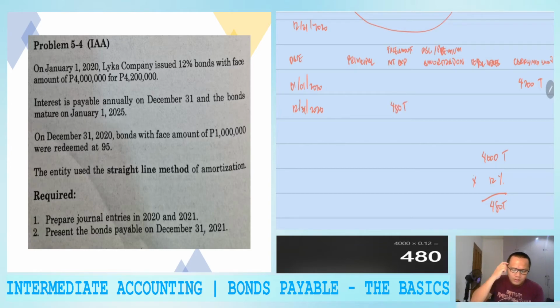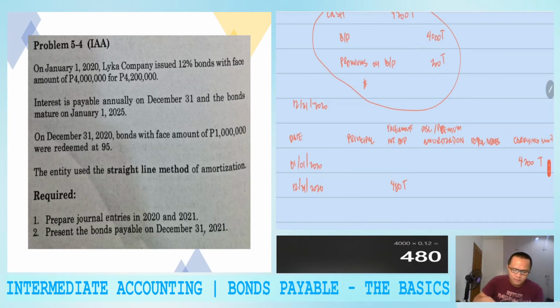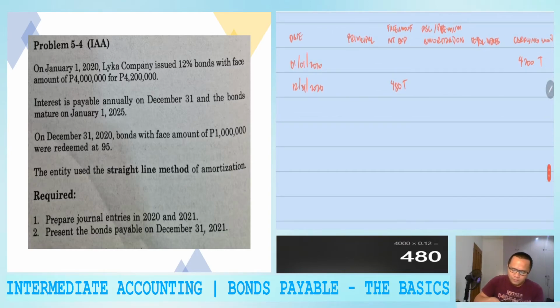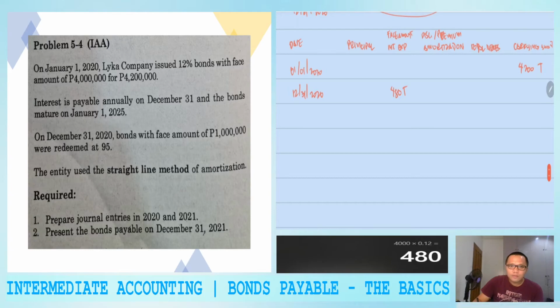So that is your interest expense. Now, your premium amortization, which is, di ba, 200,000 yan siya. That is to be divided by 5 years. So, 200,000 divided by 5. So, we have 40,000.